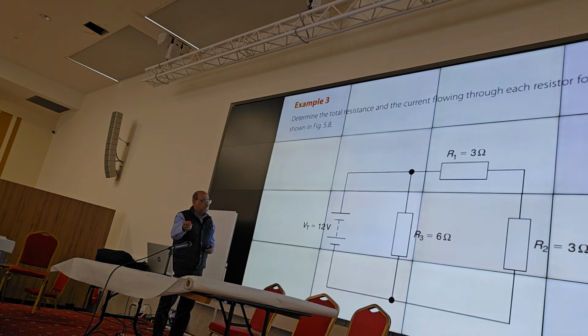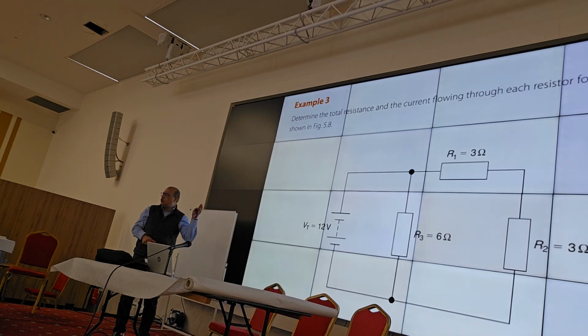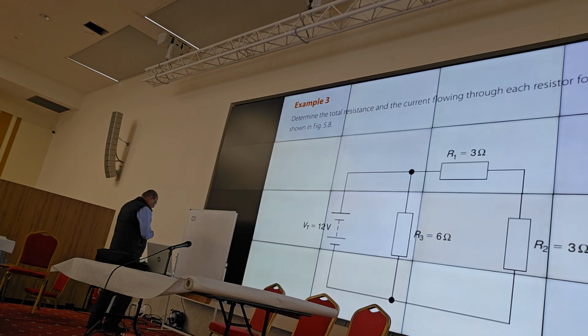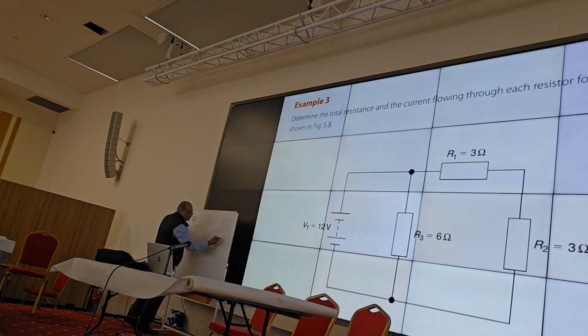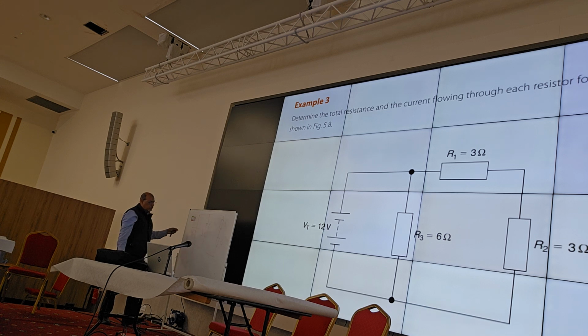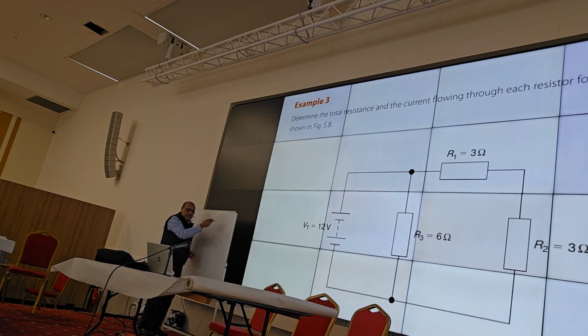So what's the answer? Yes, 3 ohms is the answer. Anyone got the 3 ohms? Okay, simple. If I redraw this circuit, 12 volts, this is one resistor which is 6 ohms, and then this is 3 ohms and 3 ohms, and this is 6. You add these two first and replace with one, so this will be 6 ohms.